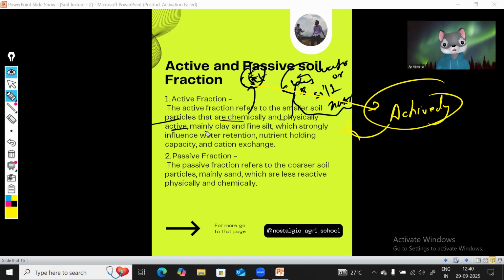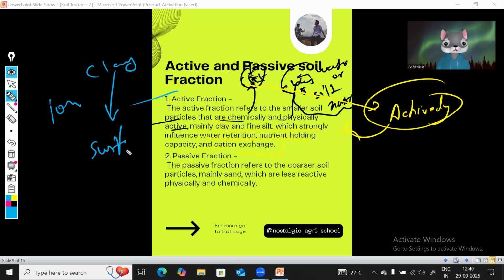Physically it will be mainly clay and fine silt, which take part in ion exchange because, as mentioned earlier, the surface area is high.